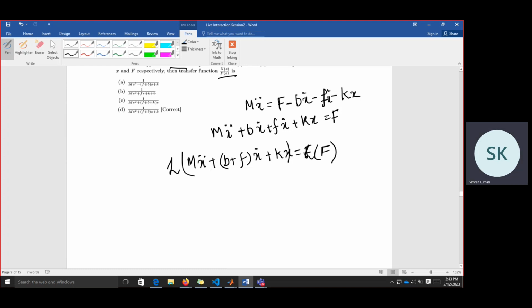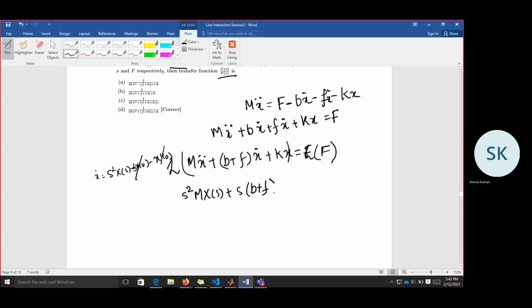So if we apply the Laplace transform, because earlier we had seen, for x double dot we have s square X(s) minus s x(0) minus x dash (0). Now the initial conditions will be 0, so we'll just have s square m X(s) plus s (b plus f) X(s) plus k X(s) equal to F(s).